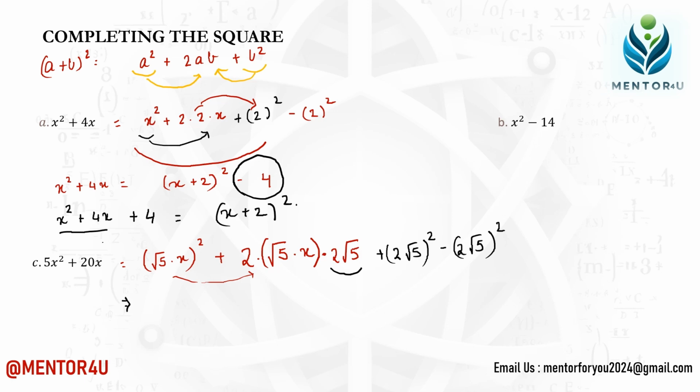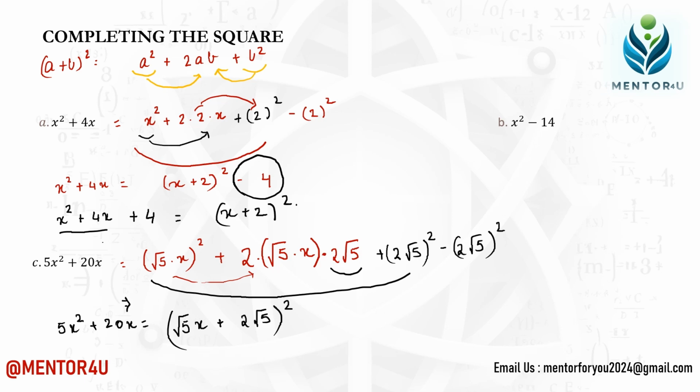So you can see that this complete thing is the expansion of root 5x plus 2 root 5 whole squared. 5x square plus 20x is equal to this, and also we have minus 2 root 5 whole square.